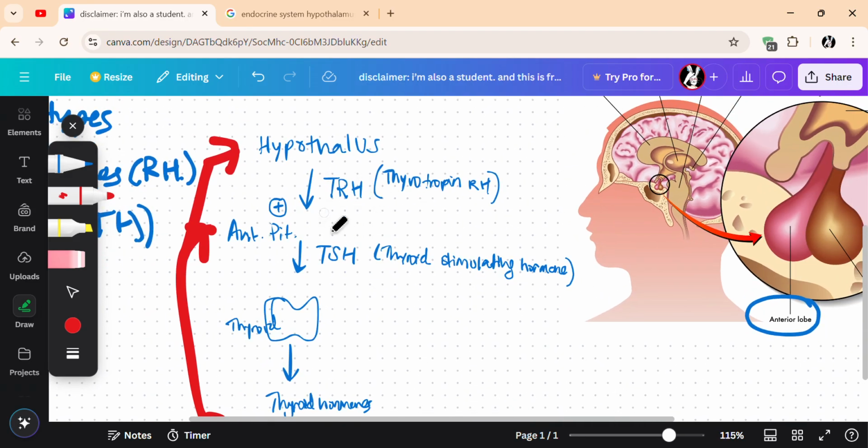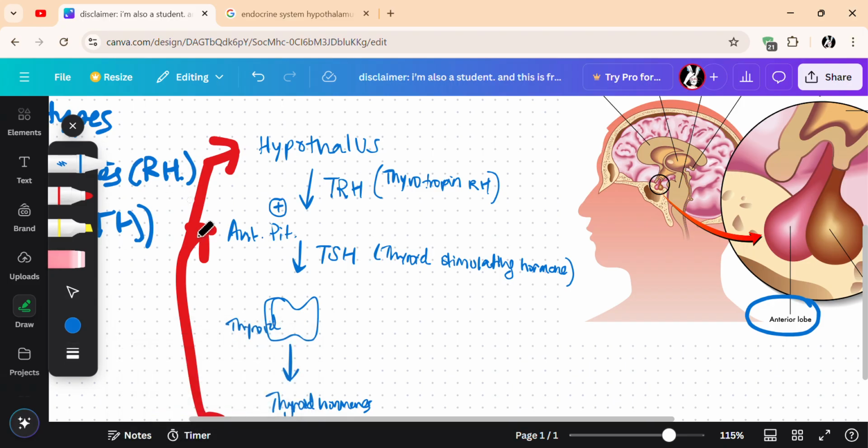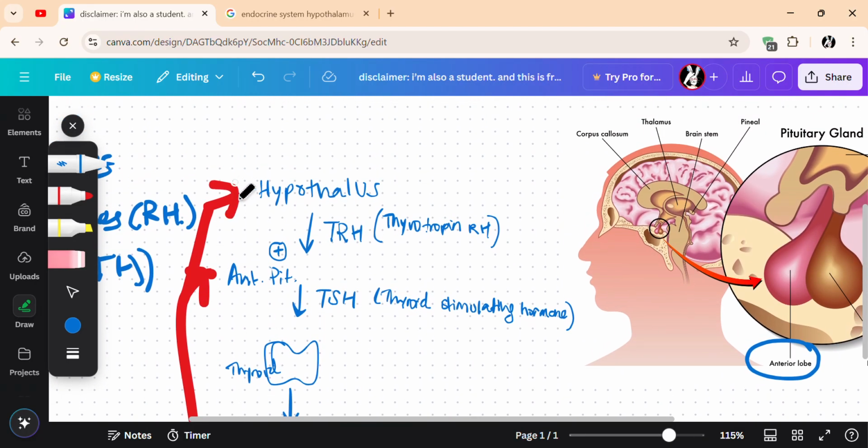Now, the hypothalamus will always be releasing TRH. However, when this thyroid hormone is released, it will have an inhibiting effect on the hypothalamus. It will inhibit the hypothalamus's production of thyrotropin releasing hormone.